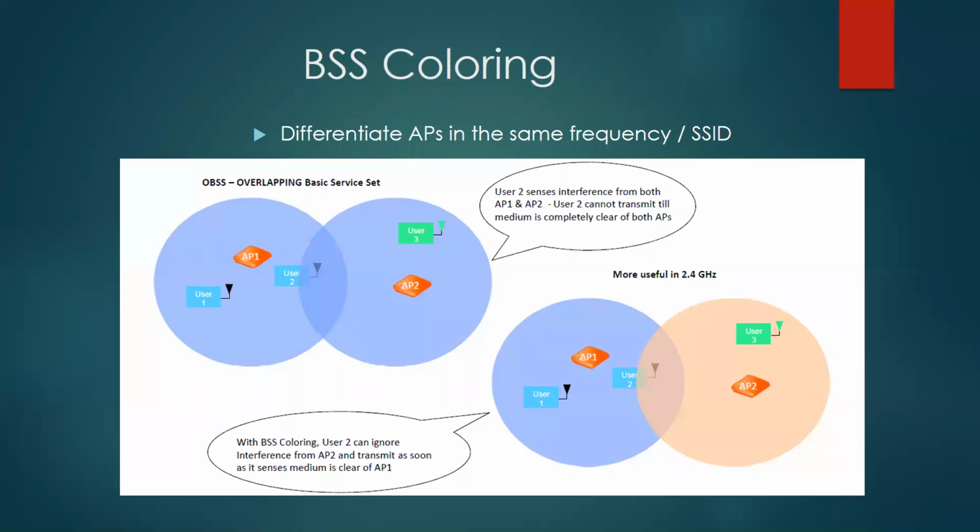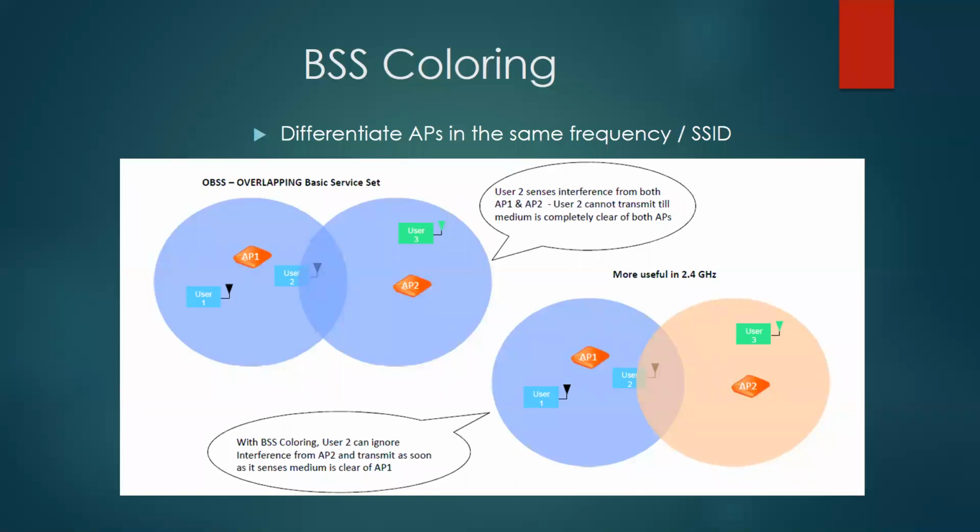If user 2 is connected into AP1 right now, like I was talking about before with the OFDMA where it had to wait for the line to be free, since AP1 and AP2 are operating on a frequency that's either the same channel or a channel that overlaps, let's say channel 1 and channel 3, there is overlap there.